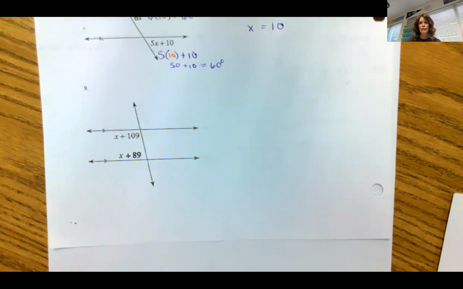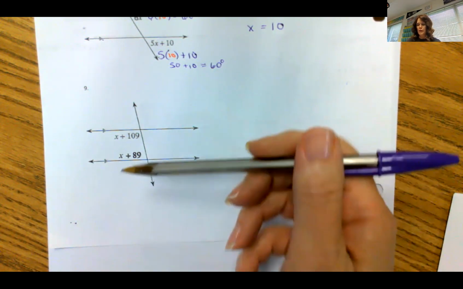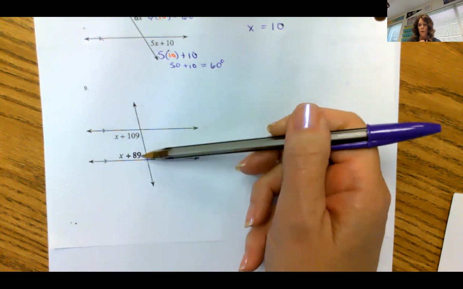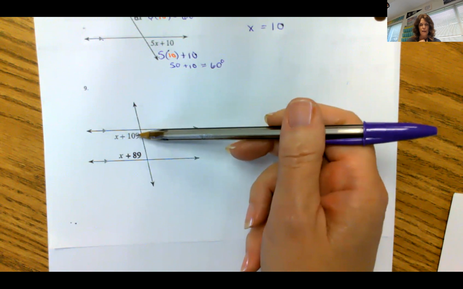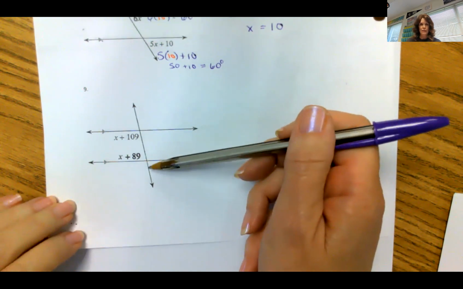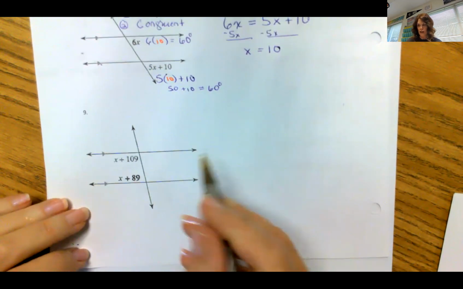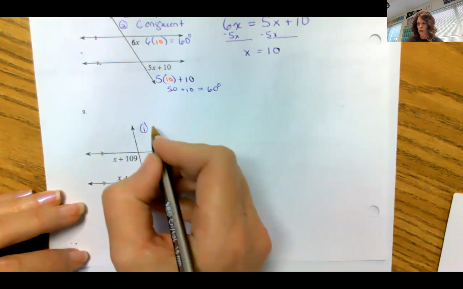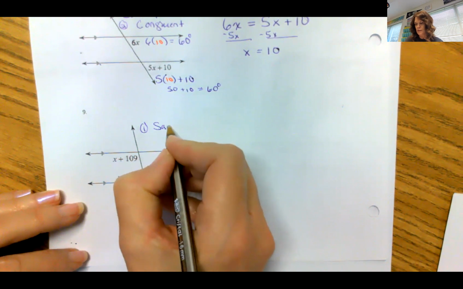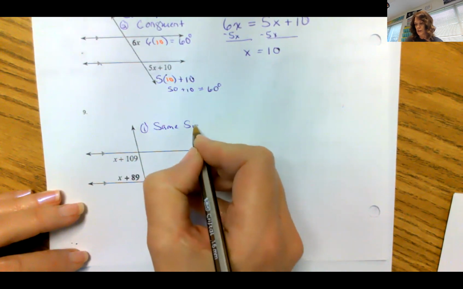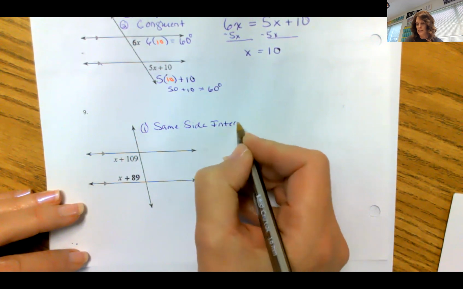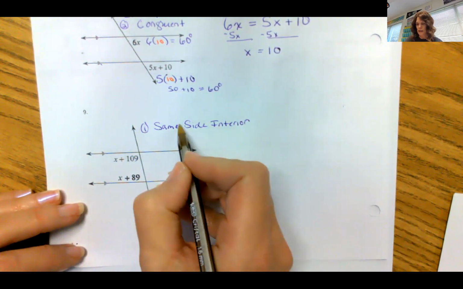You can't eyeball this. So what I have to remember is that when they're on the same side of the transversal and they're both interior like this, then they are same side interior angles. So that first question we had was identify the angle pairs: same side interior. Sometimes you'll see that as consecutive, but we're going to call it same side interior.